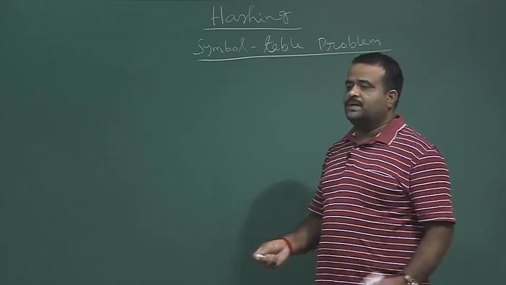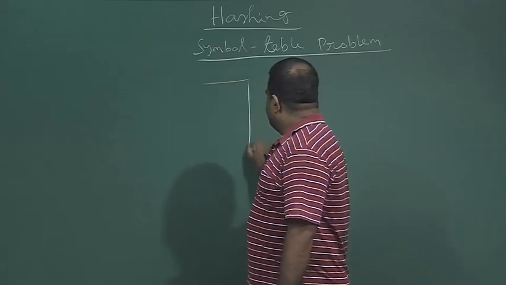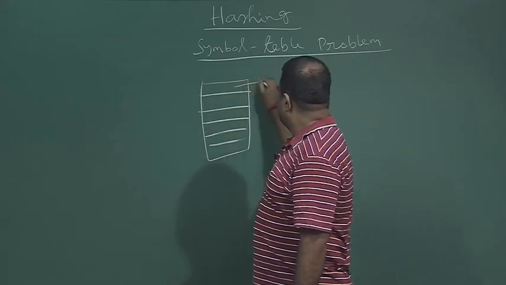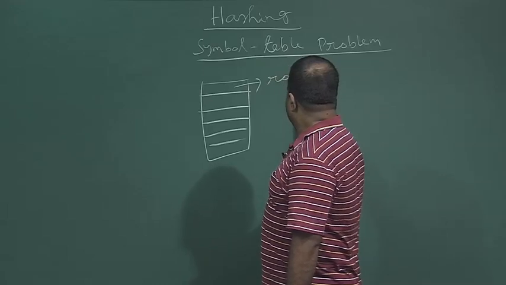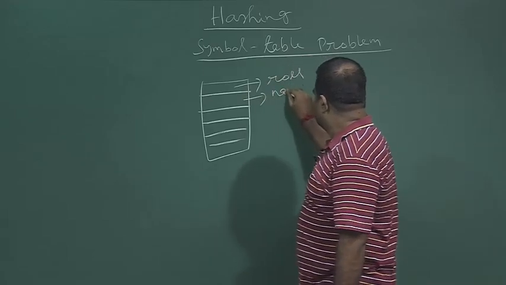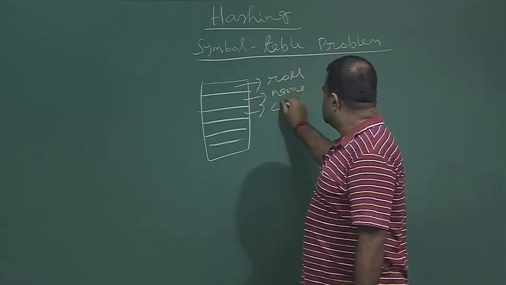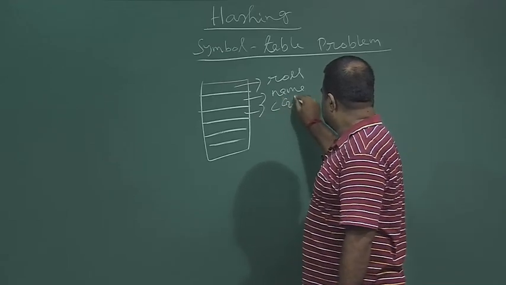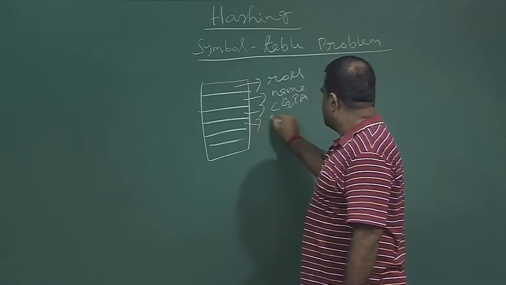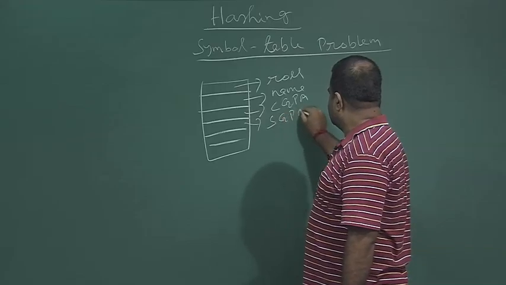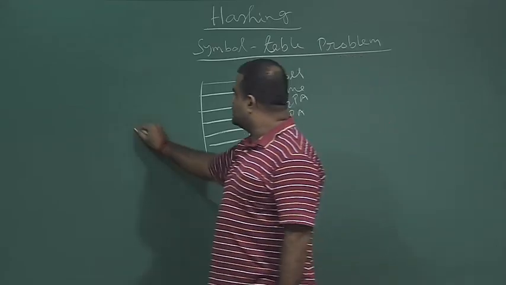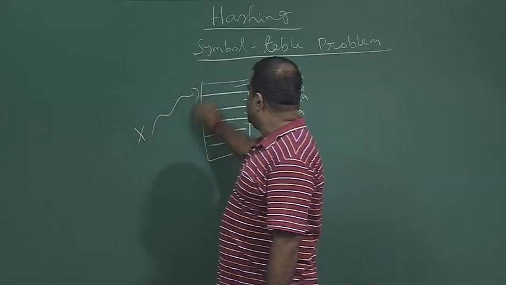Records are typically, say, for a student, there are many fields: student roll number, student name, student marks, CGPA, semester wise marks, SGPA, address, and so on. Let X be the pointer corresponding to this record.